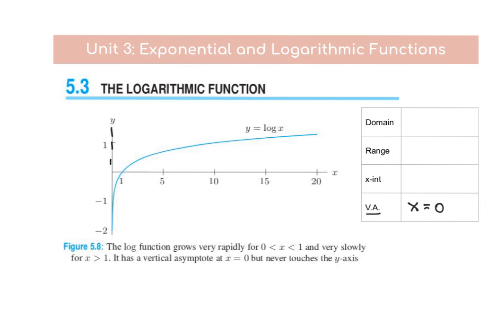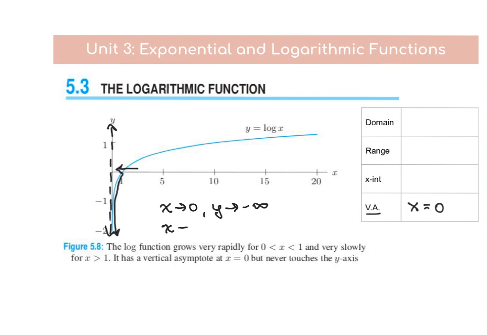So that means that the graph, as x gets closer and closer to 0, the y values are getting closer and closer to negative infinity. So we know as the x values approach 0, the y values are approaching negative infinity.